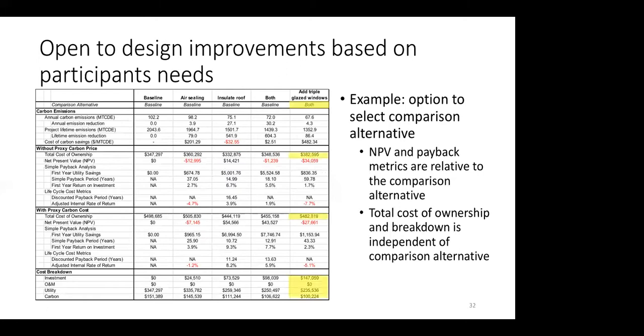But these numbers that I'm highlighting in yellow, the total cost of ownership and the cost breakdown, are independent of the comparison alternative. So if I change those and said, let me compare it to the baseline instead, a lot of those metrics would change. This was a place where we thought it would be useful for people working with this tool to be able to ask slightly different questions with the same basic data.